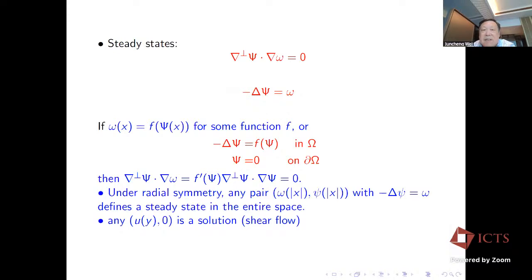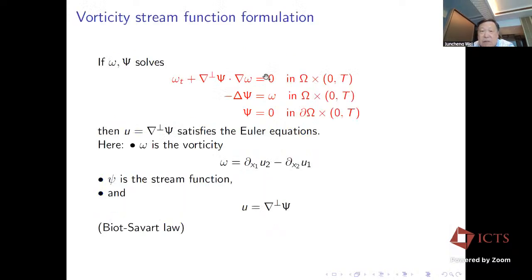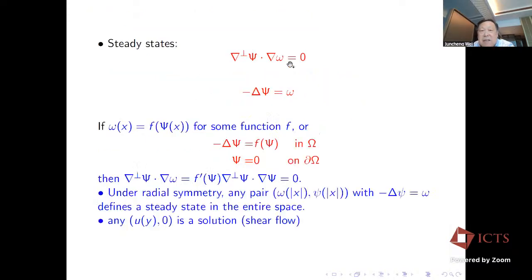The steady state for this Euler equation in the vorticity stream function form is given by this equation. The first equation says that along the level sets of psi, omega should be constant. And the second equation is the Poisson equation.